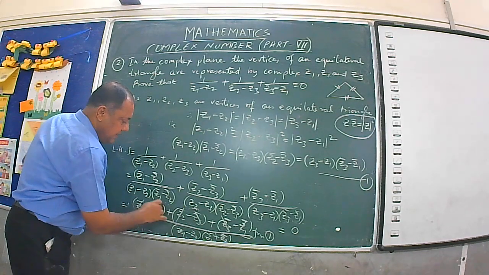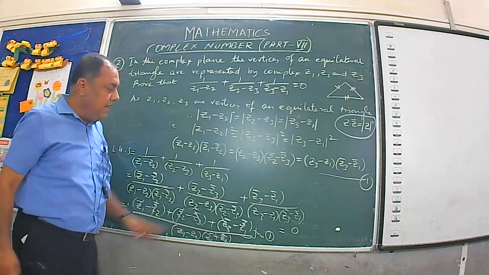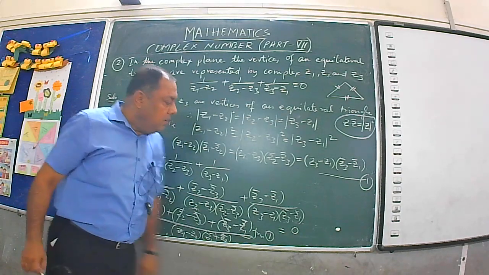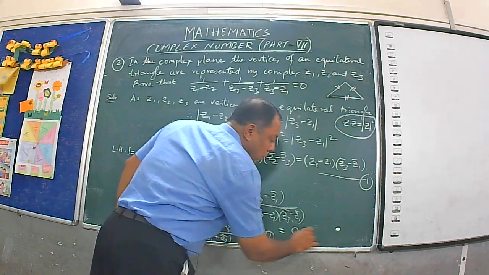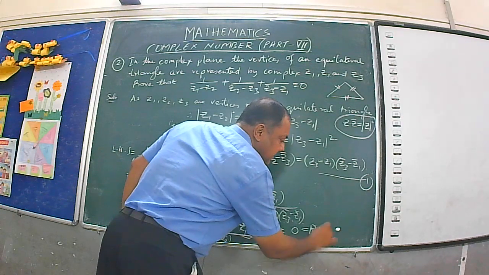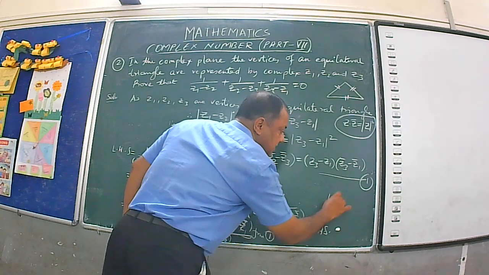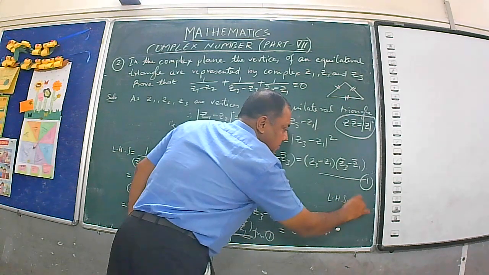It is equal to 0, which is equal to the right hand side.